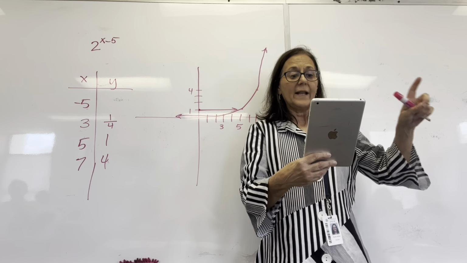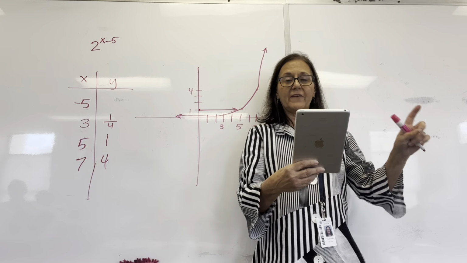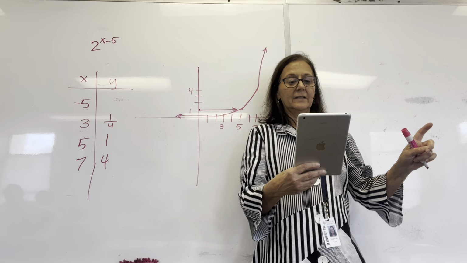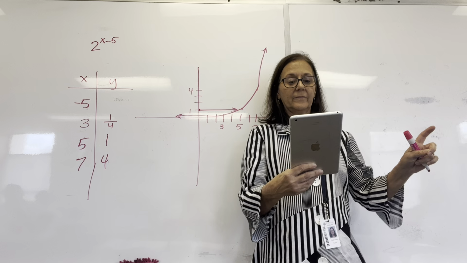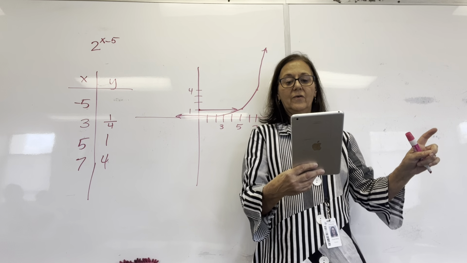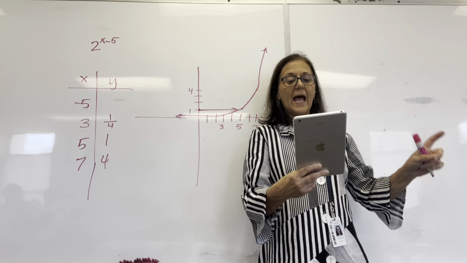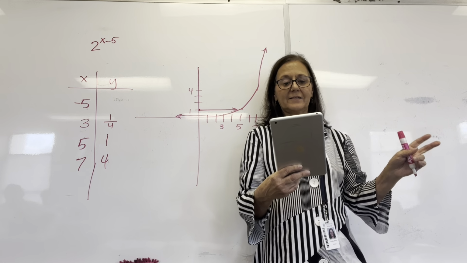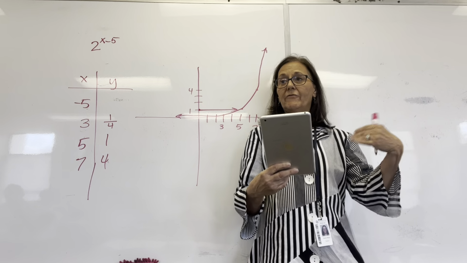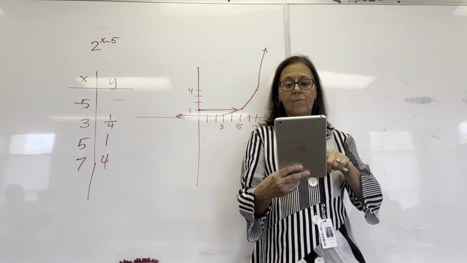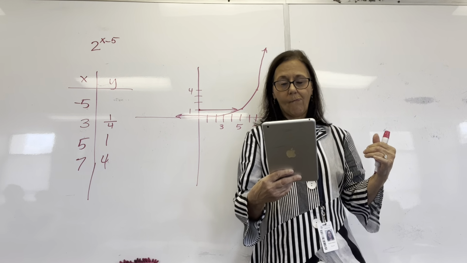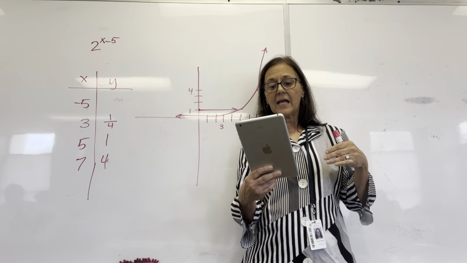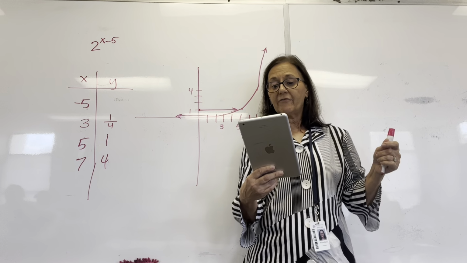Why do you say g of x has to be C? Because it's not shifted. The other one, D, is shifted. What has happened to g of x? We reflected it across the x-axis, and we've done a vertical stretch.